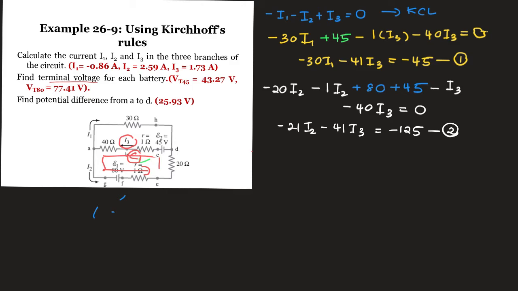The thing that you need to understand is that you are going to use your calculator to solve the simultaneous part. But for you to use that calculator, you need to make sure that the unknown is the same for equation 1 and equation 2. Now we have I1 and I3 in one, and I2 and I3 in the other. Both need to have the same unknown.